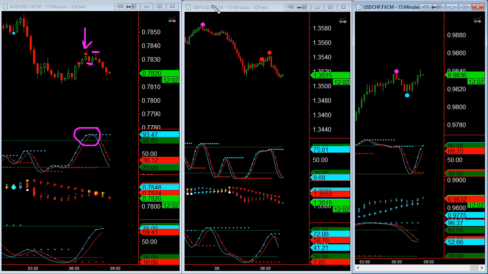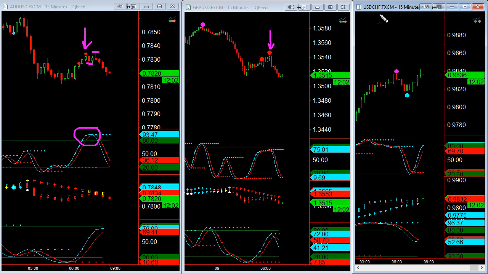Then on the British pound, you see that the entry signal was here. Again, you're not overextended to the downside on the 60-minute chart, and that's important, and it's one of the reasons I changed from a 60-minute to a 30-minute. We need a heads up on that 30-minute.